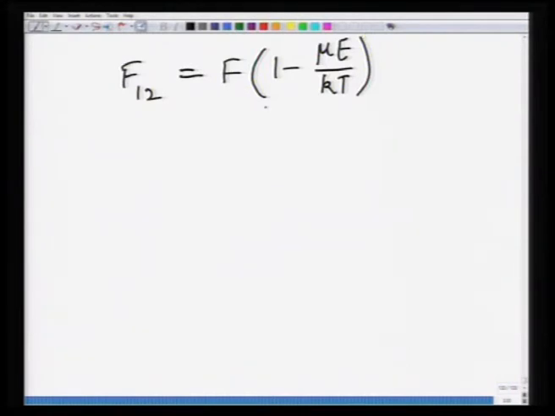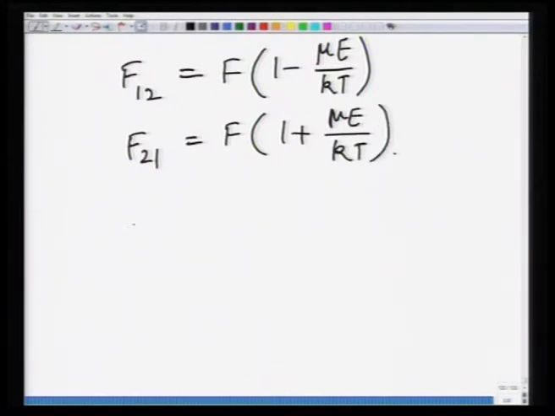Since the potential energy well for ionic movement from 1 to 2 has decreased, the probability of moving from 1 to 2 is F into 1 minus mu E by kT. On the other hand, the probability of moving from 2 to 1, F21, becomes F into 1 plus mu E by kT, where E is the applied field.